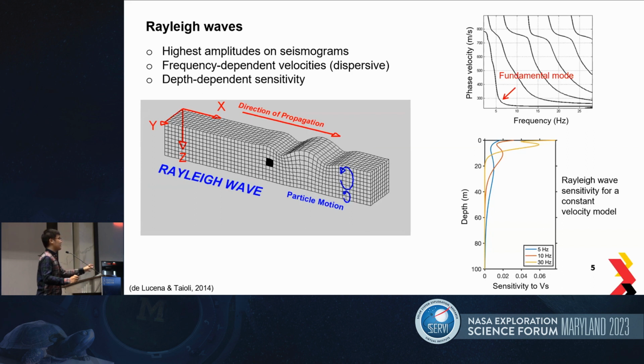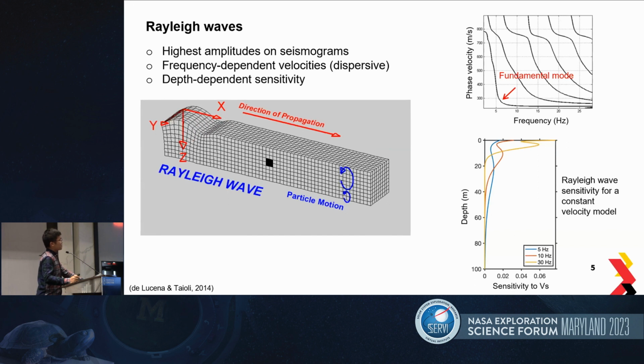Rayleigh waves dominate shallow seismic wave fields, and they are super attractive for determining near-surface velocity structures because of their high signal-to-noise ratio on field recordings. An interesting feature of surface waves is their dispersive behavior. In other words, the velocity of a surface wave is dependent on the frequency of wave components, which is clearly shown on the dispersion curves in the top right figure.